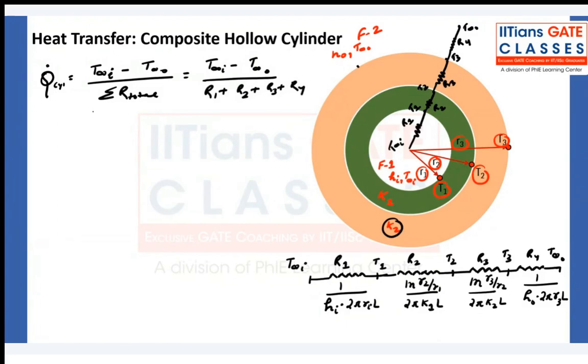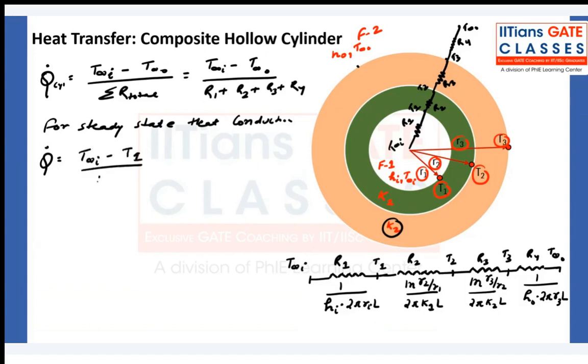And in steady state, the rate of heat transfer is the same. So I can take any two resistances or one resistance. For example, I can take the first resistance R1, or I can take T2 to T infinity outside: T2 minus T infinity outside upon R3 plus R4. No problem.